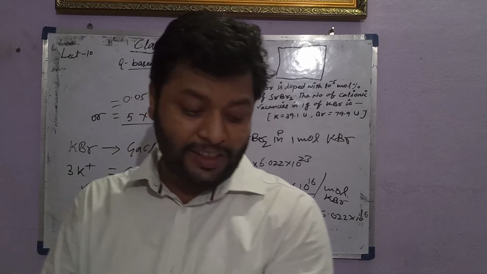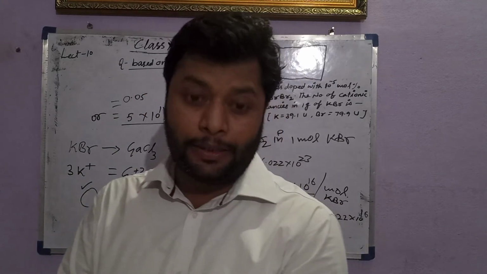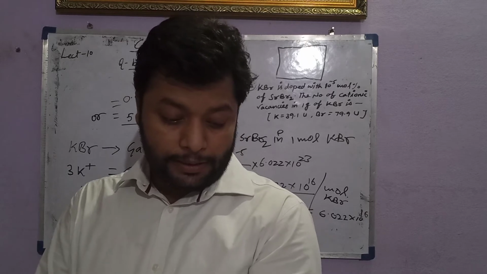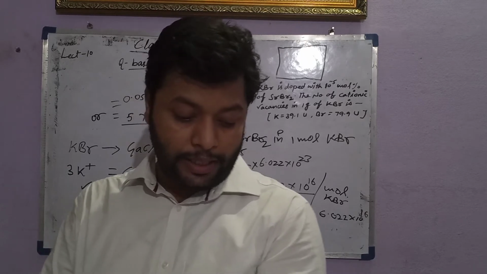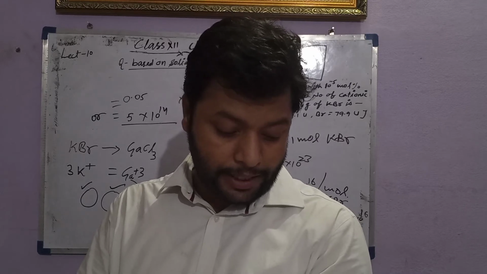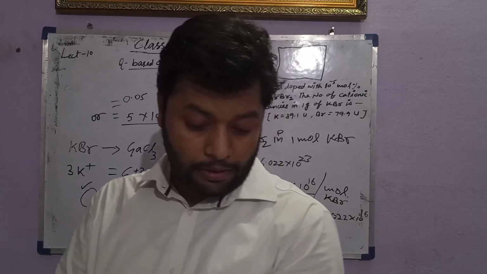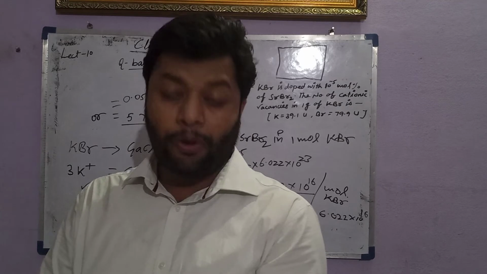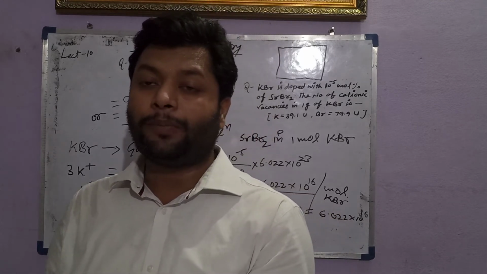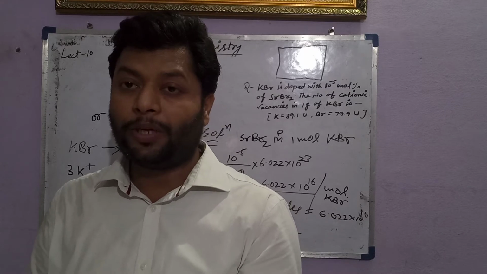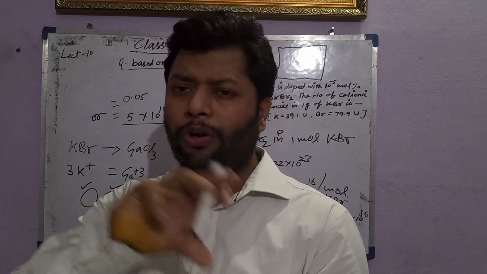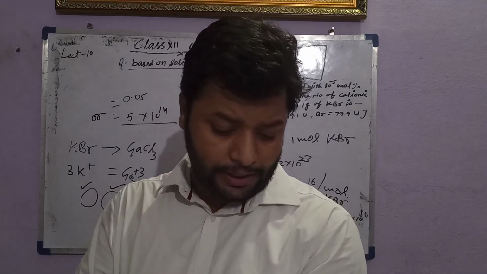Third question: classify each of the following solids as ionic, metallic, molecular, network, or amorphous. Tetraphosphorus decaoxide, P4O10. P4O10 is a molecular solid, because the whole phosphorus pentoxide molecule is arranged in a crystal.